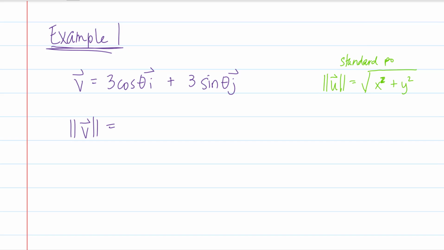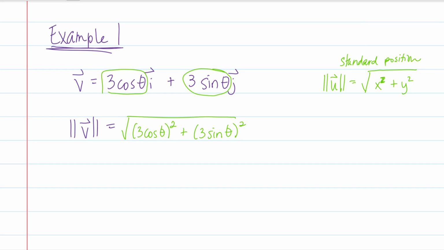We just use the components. So, what is my x component? Well, it's this 3 cosine theta. And what's the y component? Well, it's this 3 sine theta. So, how does this simplify?